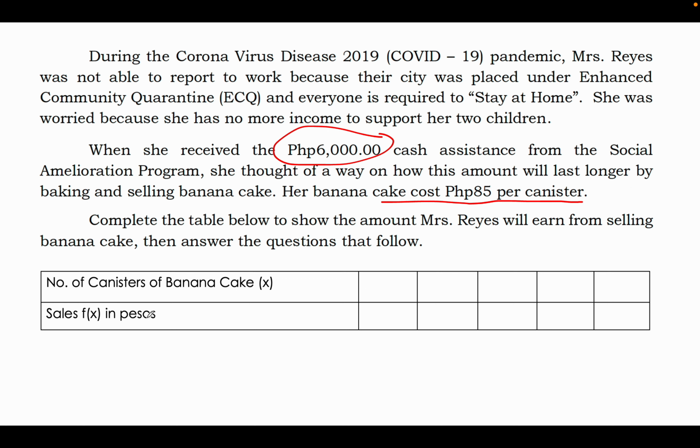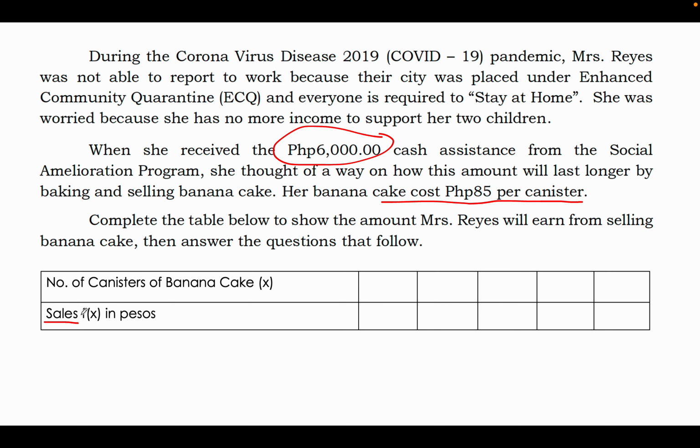So that means, ano yung independent variable natin dito? Meron tayong number ng, di ba, yung sales, nakadepende doon. Ang sales dito na tinutukoy yung benta niya. Ang benta niya from banana cake, nakadepende kung ilang canisters yung magagawa niya. Di ba? Yun ang ibig sabihin nun.